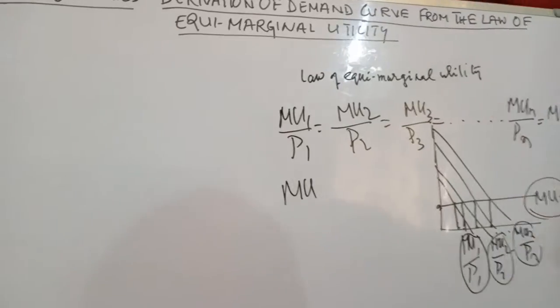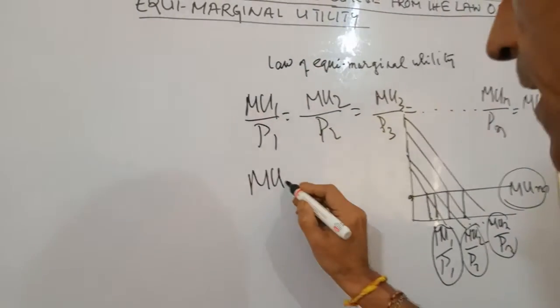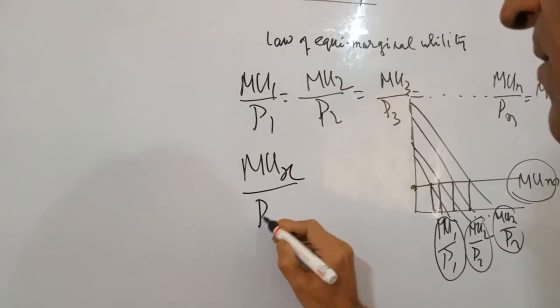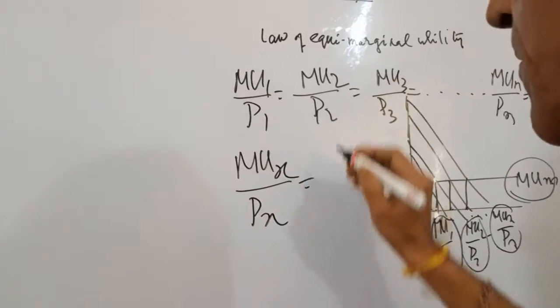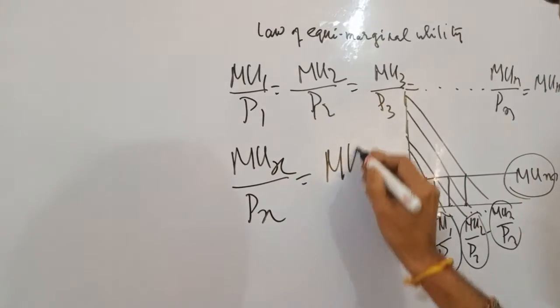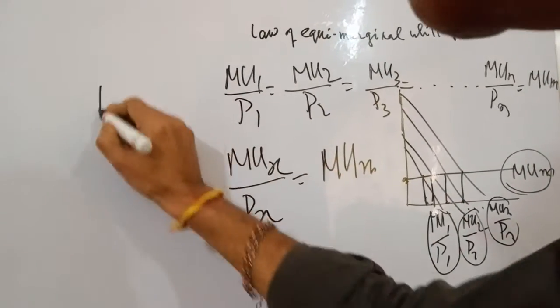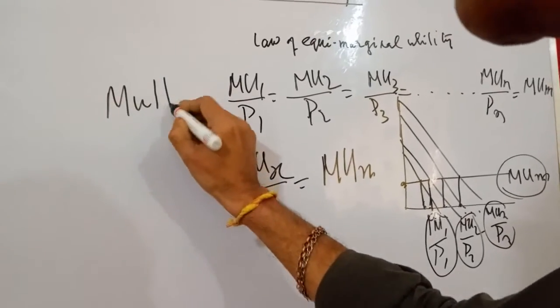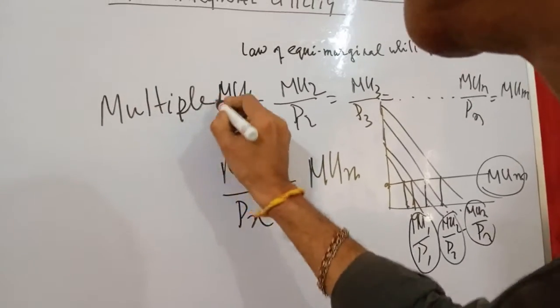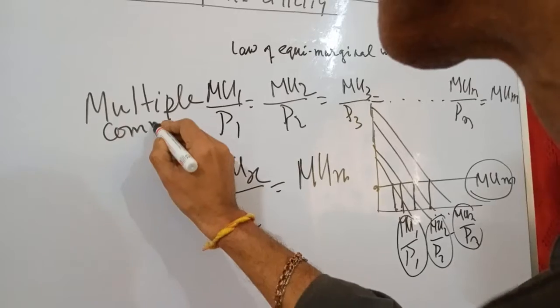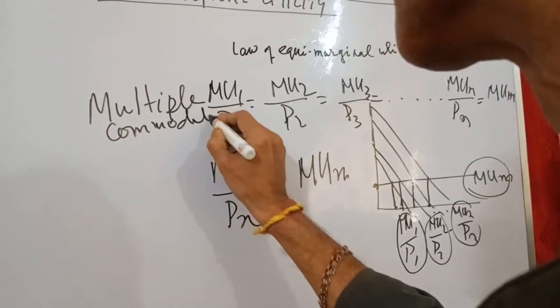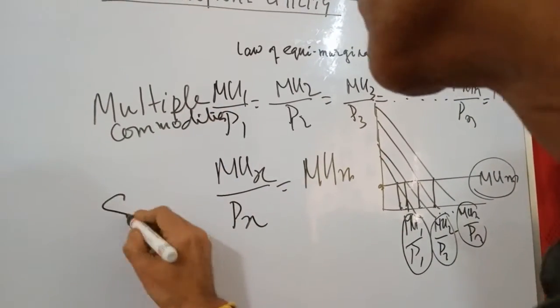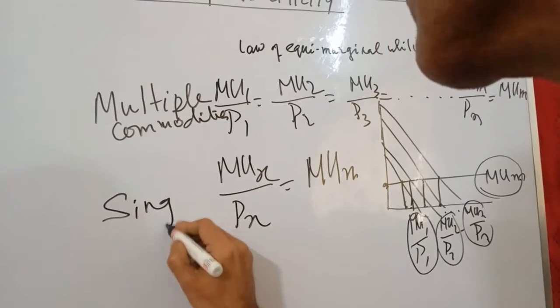Say the consumer is consuming commodity X, then MUx by Px will be equal to MUm. This is for multiple commodities, and this is for a single commodity, one commodity.